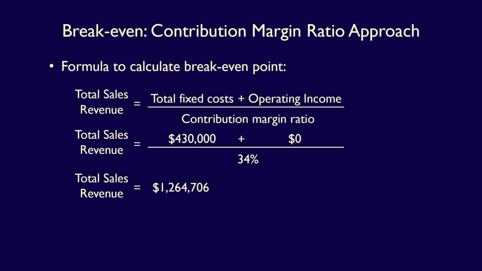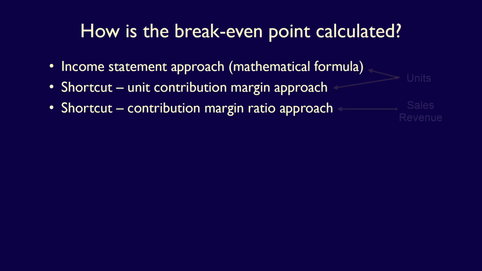This is the total sales revenue the company would have to earn in order to break even and have an operating income of 0. It is also the total amount of costs, variable plus fixed, because break even is when total revenue is equal to total costs. We have now calculated the break-even point using 3 different methods.